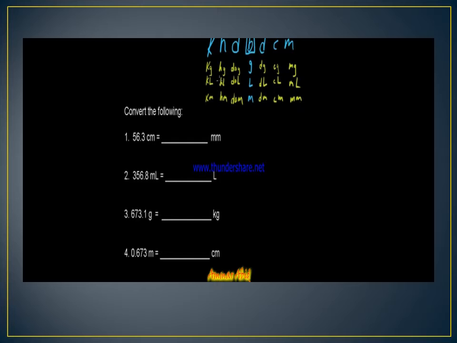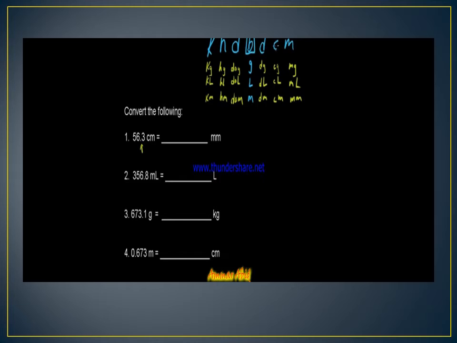Now, using this list, you can find where our starting point is, and we count the number of places we're going to move the decimal. So we have 56.3 centimeters. How many millimeters? We start at centi right here and go over to milli.